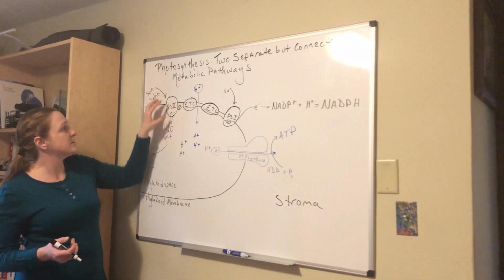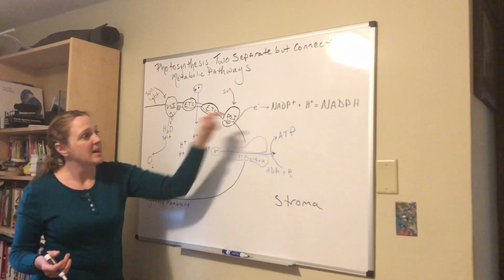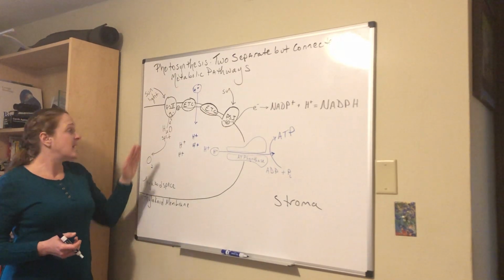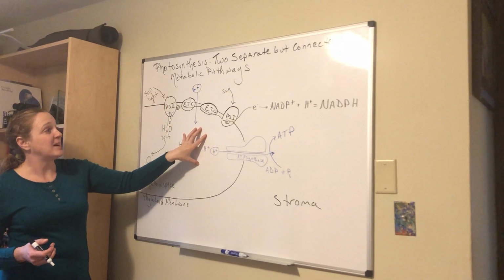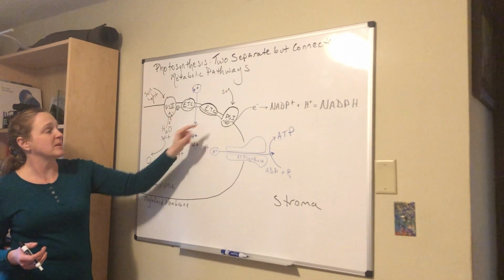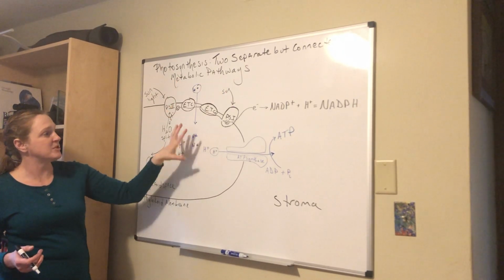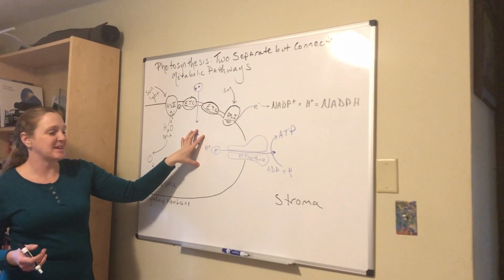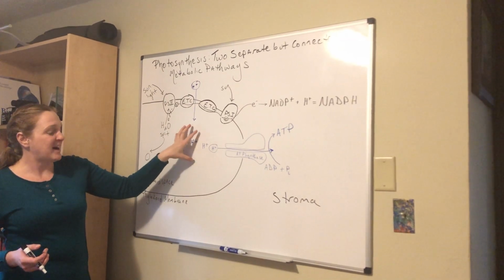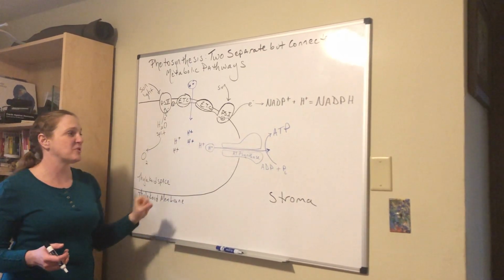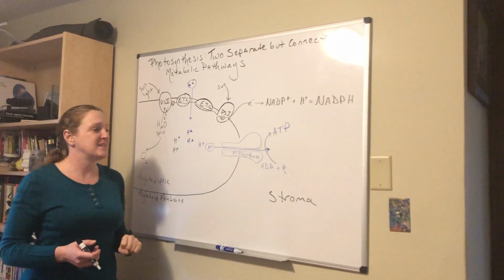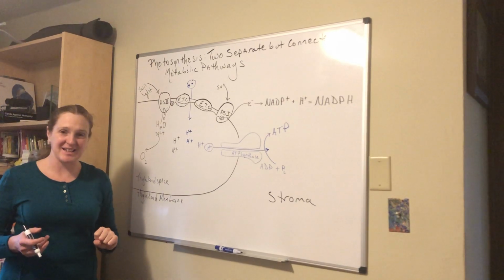We split water to refill photosystem 2 and keep this process going. When we split water, oxygen is released, hydrogen is left behind. When electrons wiggle through the electron transport chain, hydrogen got pulled into the thylakoid space. We get a high concentration of hydrogen in the thylakoid space, low concentration in the stroma. Hydrogen flows through ATP synthase to make ATP.